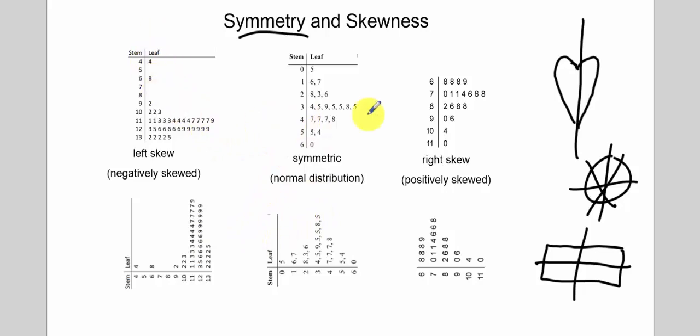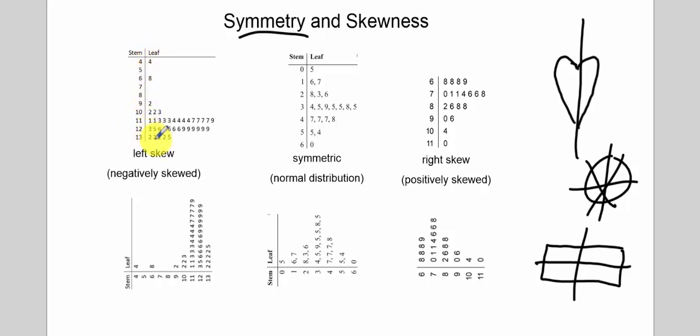Now, if you look over at the other graphs, you'll see that these graphs are a little bit skewed, is what we call them, because they are lightly loaded to one side and heavily loaded on another side. Now, you would think the heavily loaded side is the skewed side, but actually it's the lightly loaded side that we call the skew.